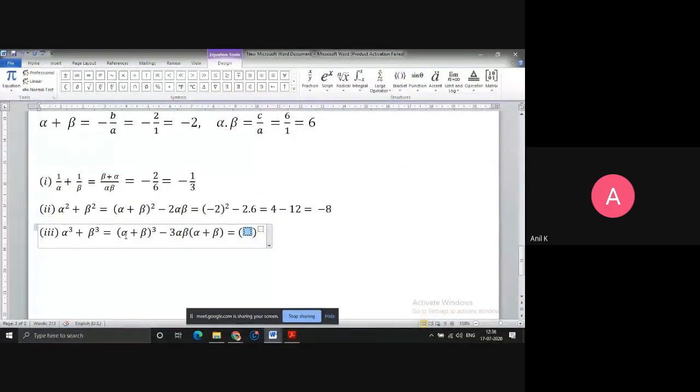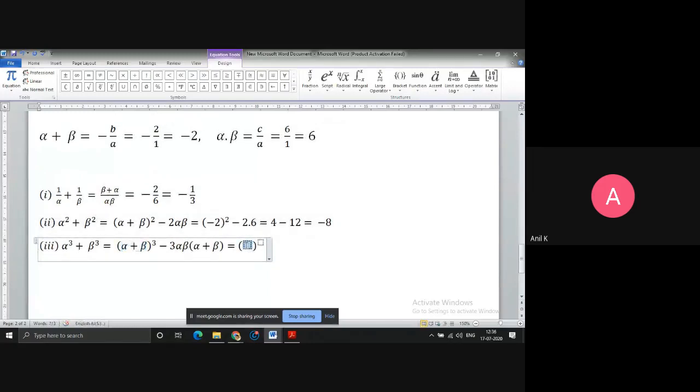Now in place of alpha plus beta, we have minus 2, so it is going to be minus 2 whole cube. Minus 3 into alpha beta, and alpha beta value is going to be 6. And in the bracket, you have alpha plus beta, which is again minus 2.